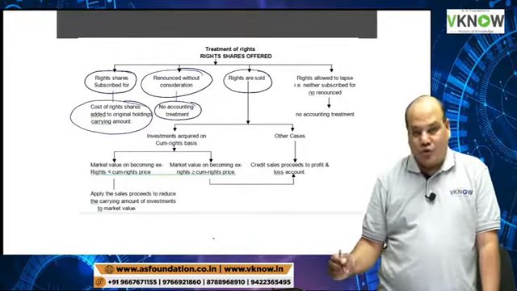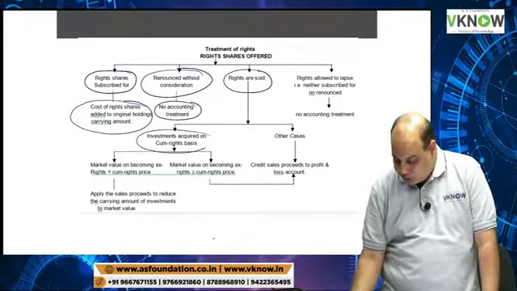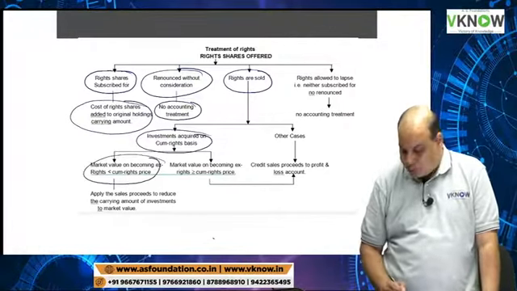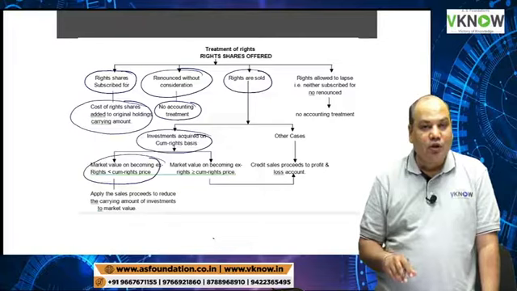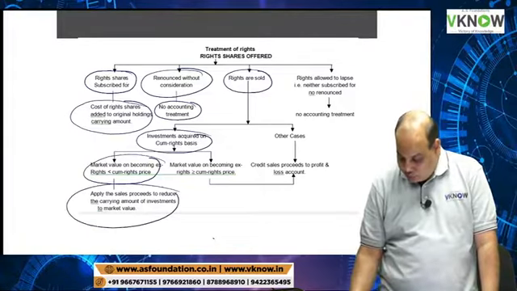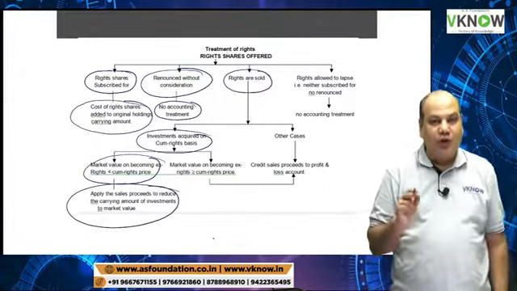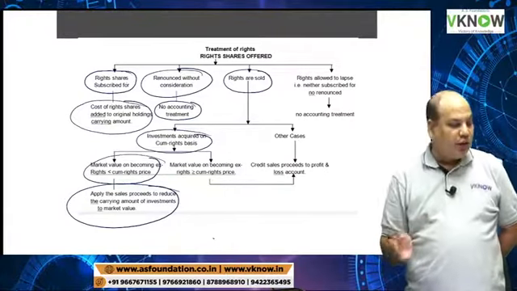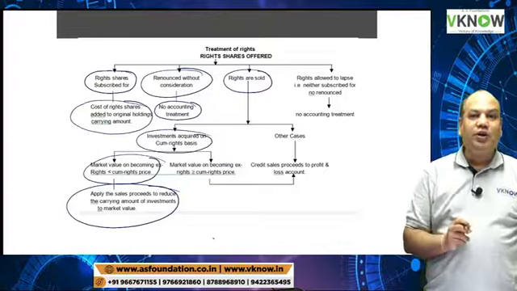Rights are sold: shares acquired on cum-right basis and market price becomes lower than the cost, then we use the sale proceeds of rights to reduce the investment value by crediting the investment account.